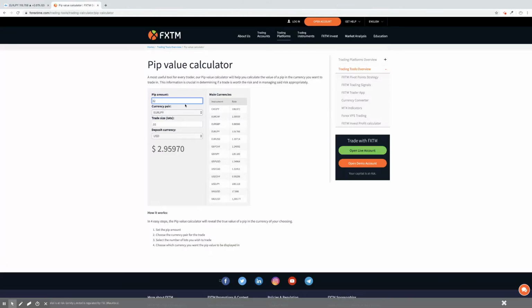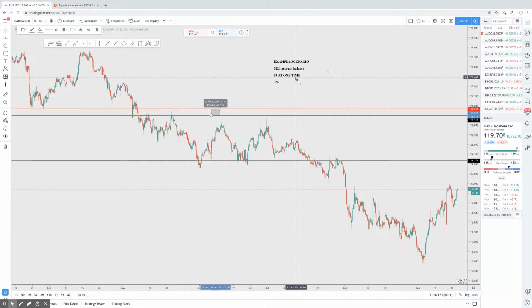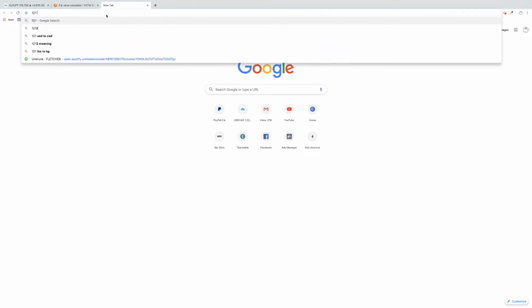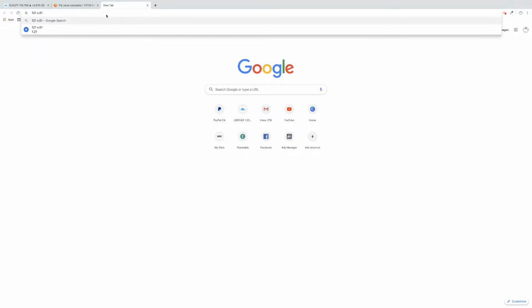I just rounded up. You can't use decimals on this, I don't believe anyway. So 32 pips. Same pair, okay? Now, here's the catch. 3%, all right, of 121. Now, I'm not going to even attempt to do this in my head, because if I get it wrong, I'm sure I'll have a lot of comments on that.